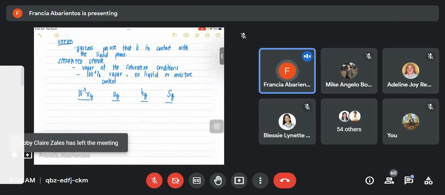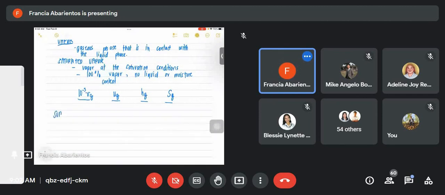So, punta din tayo sa superheated vapor. Anong andito sa superheated vapor class? So, that is the vapor having a temperature higher than the saturation.